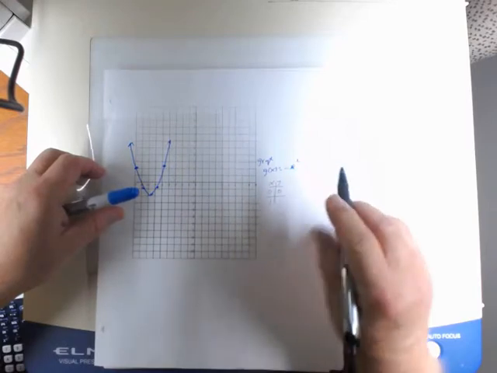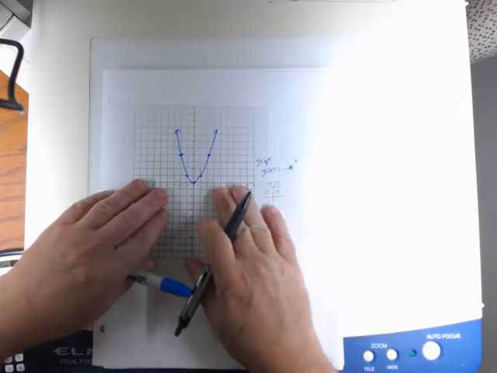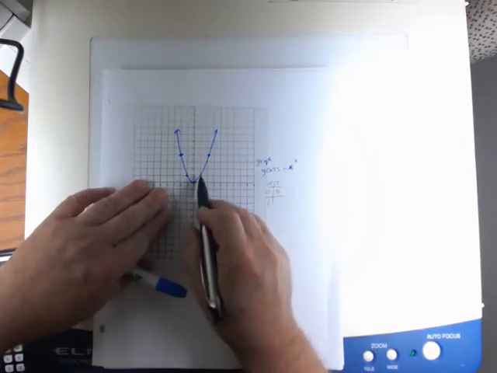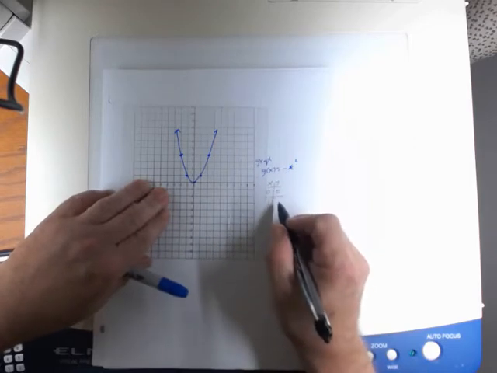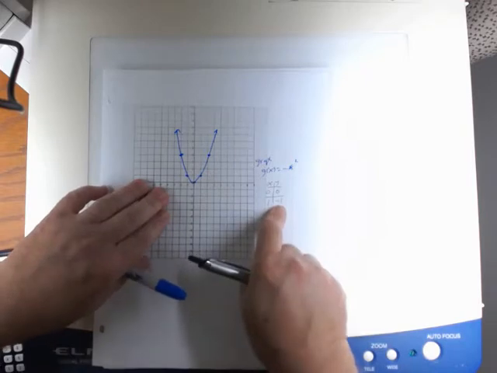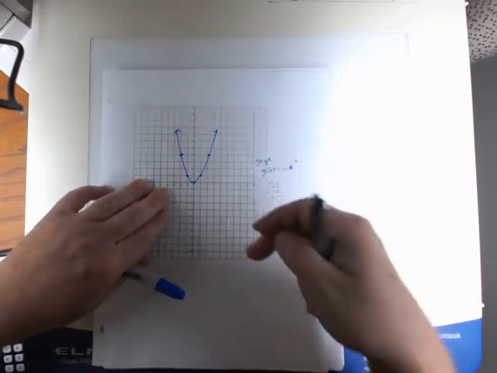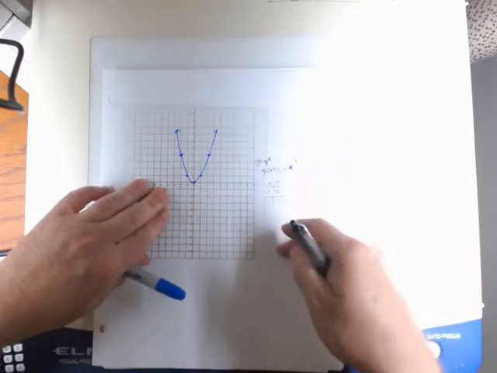If x is 1, now remember for the parent function, when x is 1, what's my y value? 1. For negative x squared, what does my y value become? What do you notice about 1 and negative 1? They are what? Opposites. They're reflections about the x-axis. They're symmetric about the x-axis.